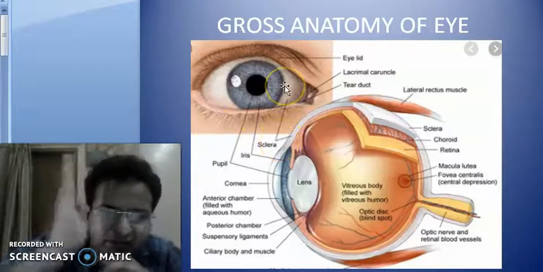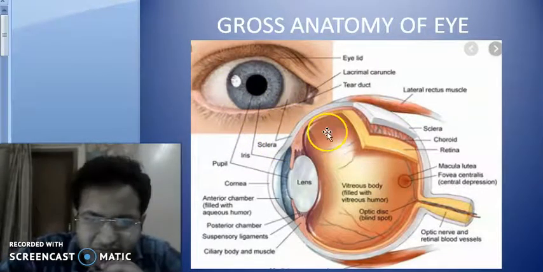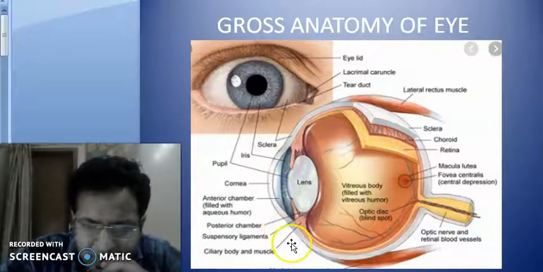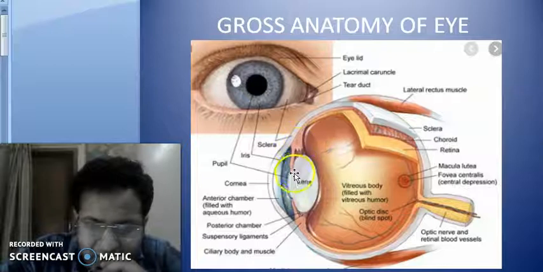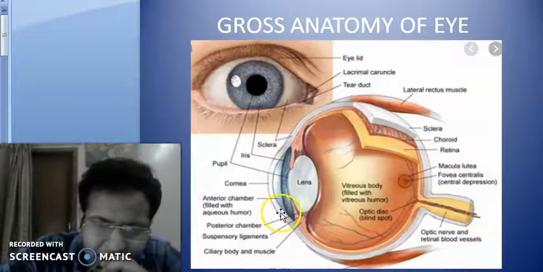This is a cut section. This is a sagittal section of the eyeball in which we see the lens, the iris holding the lens, the ciliary body, the zonules holding the lens, the cornea, and the anterior chamber between the cornea and the lens and the iris.